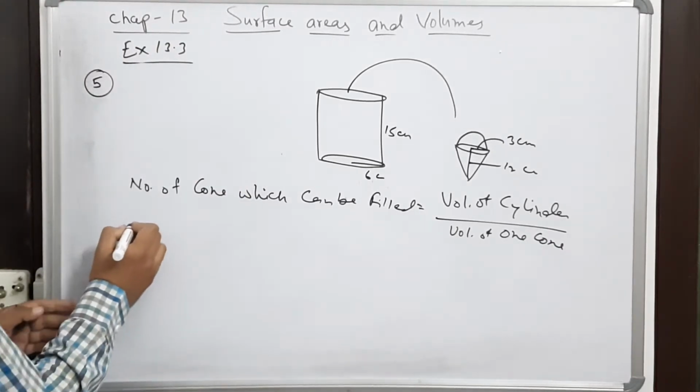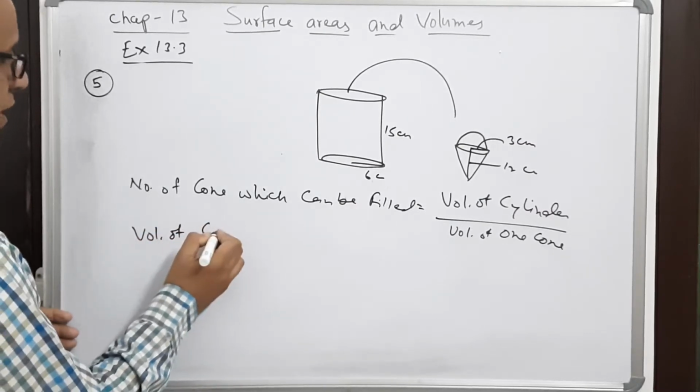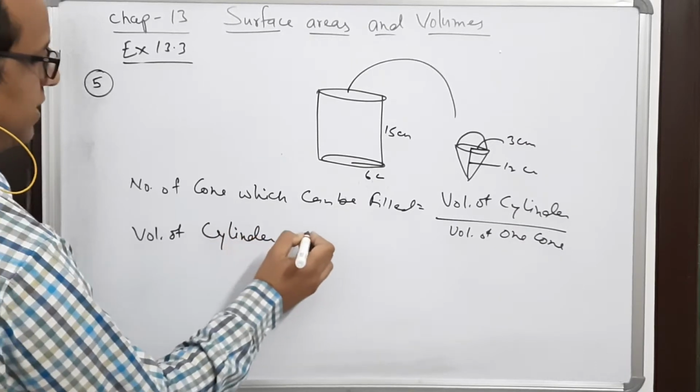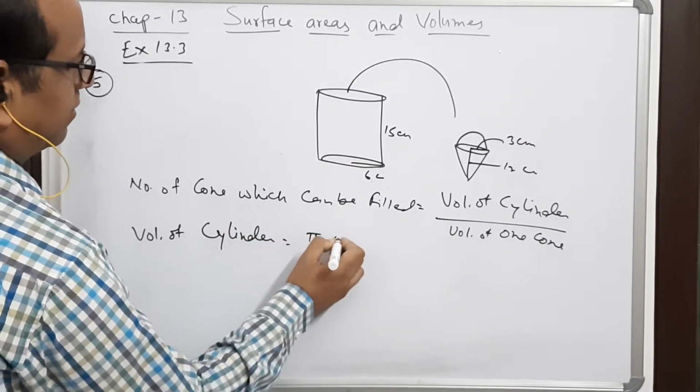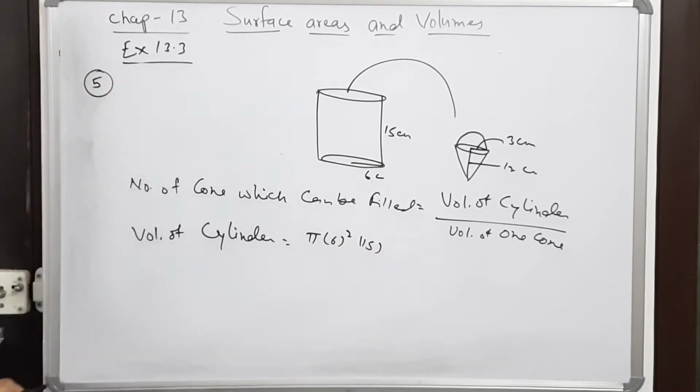So what is the volume of the cylinder? The volume of ice cream in the cylinder is pi r square h. We keep it like this only.